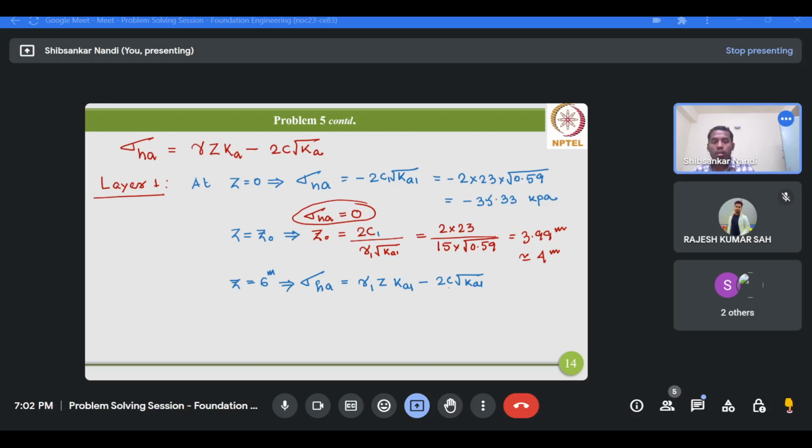Now we'll substitute the values: gamma 1 is 15, Z is 6, Ka is 0.59, minus 2 times 23 multiplied by root 0.59, or we can directly take it from this equation, that it's 35.33.